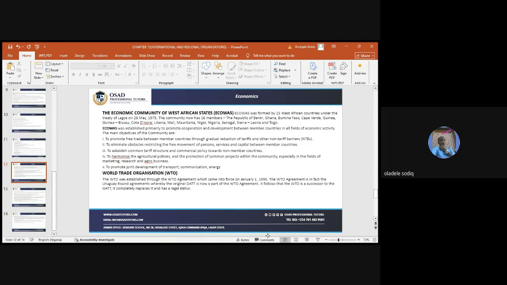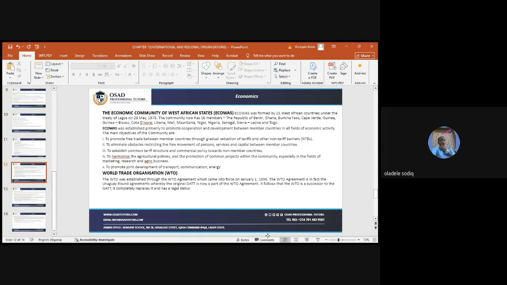Another objective is to promote free trade between member countries through gradual reduction of tariffs and other non-tariff barriers. Also, to establish a common tariff structure and commercial policies to non-member countries.